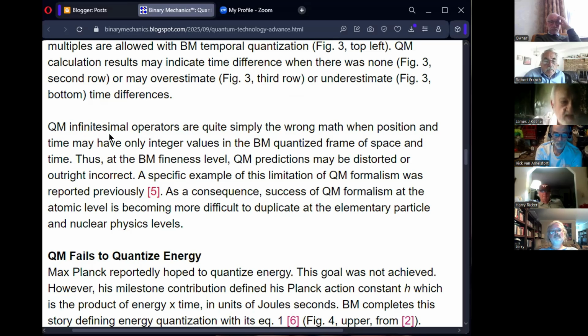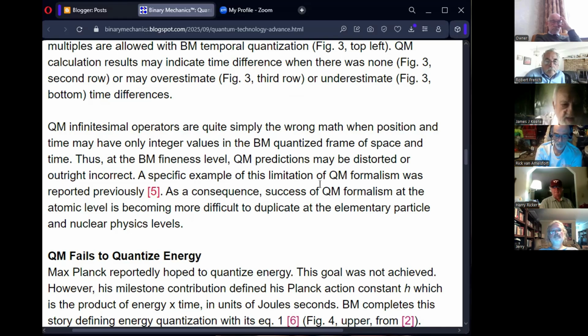And they contain what are called infinitesimal operators, and they're quite simply the wrong math when position and time may have only integer values. There are no infinitesimal increments, okay? In the quantized binary mechanics frame of space and time. Thus, at the binary mechanics finest level, QM predictions may be distorted or outright incorrect.